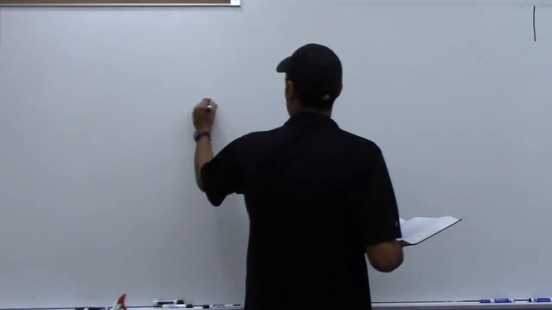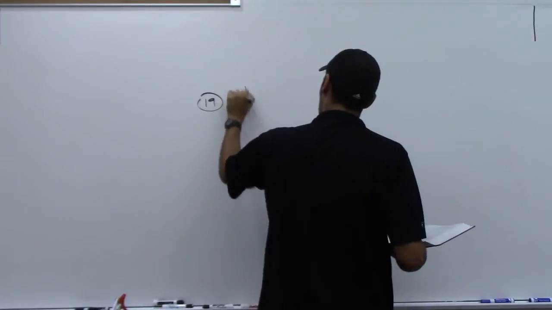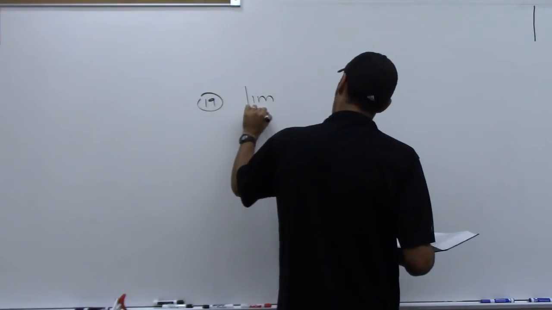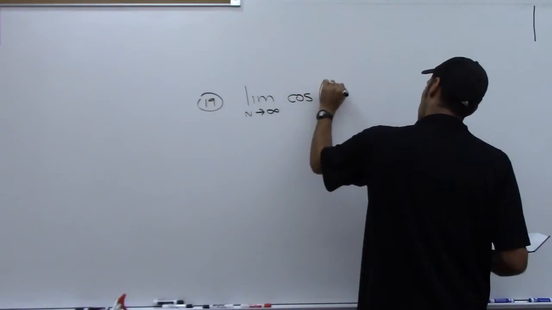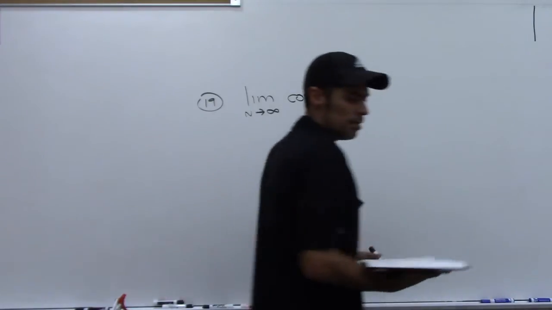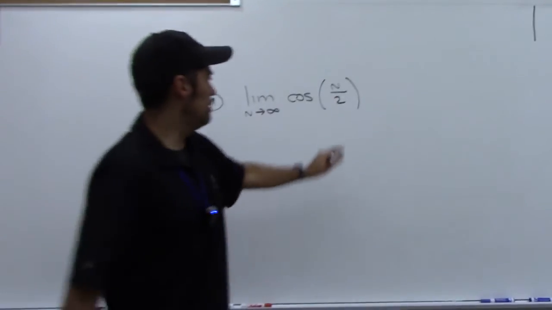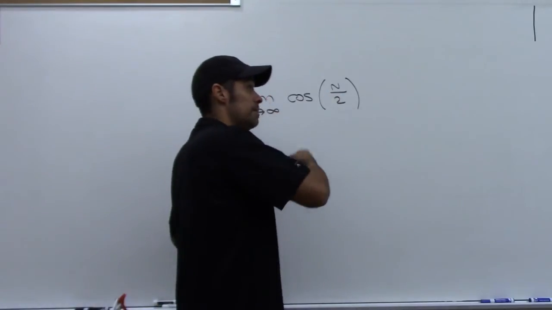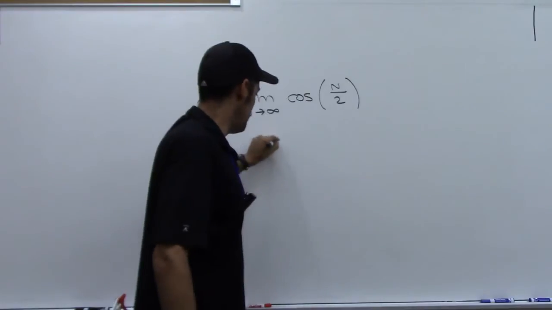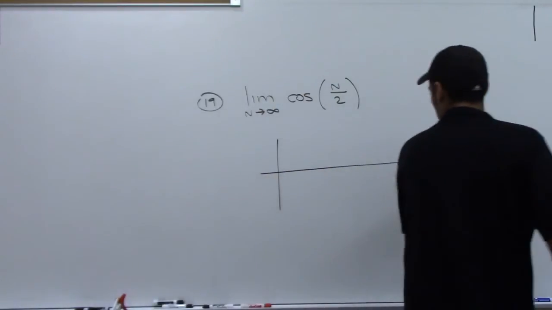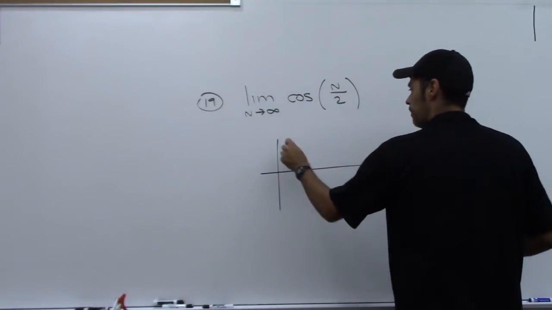All right, 19. Limit as n goes to infinity of cosine n over 2. So as n gets bigger, we get infinity over 2, which is becoming infinite. So what does cosine do as you go out to infinity? We know that the cosine curve looks like this.